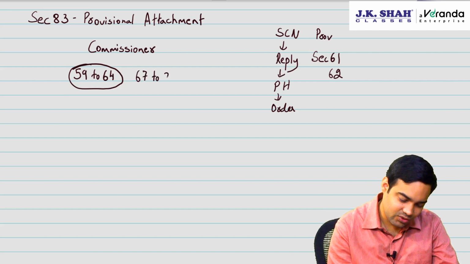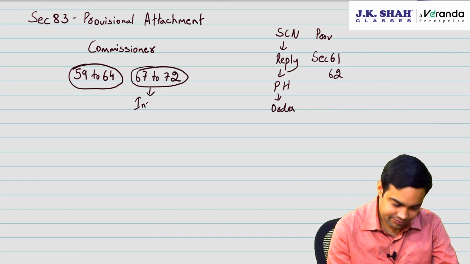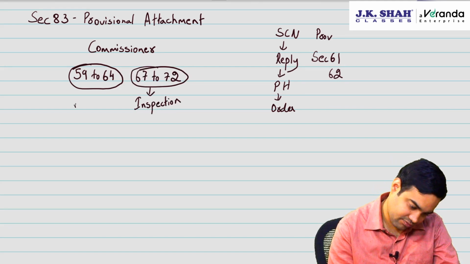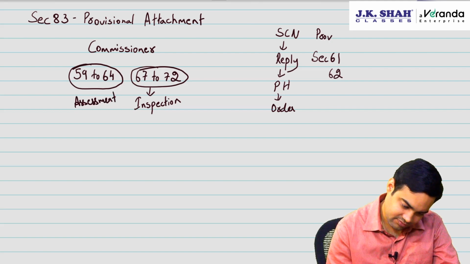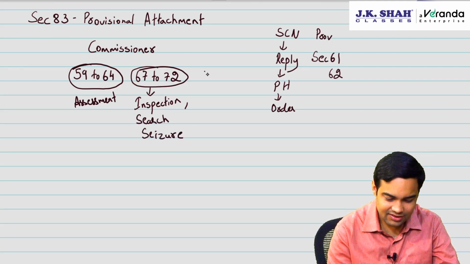Sections 67 to 72, which deal with inspection, search, seizure. And whatever provisions you have learnt today in 73 to 84, that is demand and recovery.